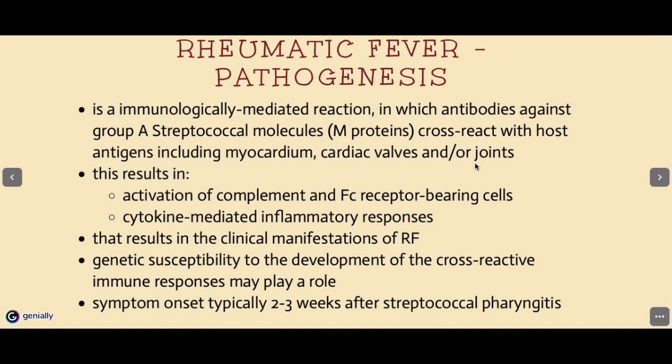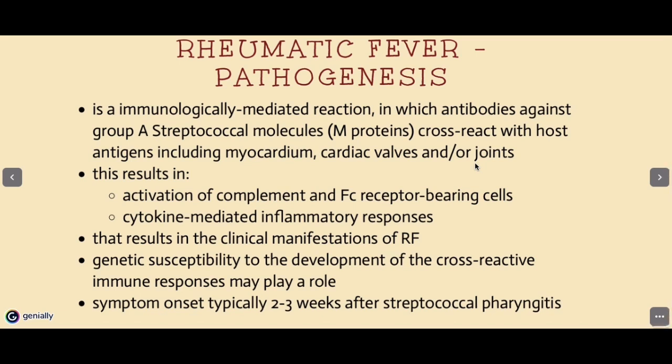For example, cross-reaction between the antibody and the host myocardium and the host cardiac valves give rise to carditis, and antibodies which cross-react with joint tissue will lead to arthritis.